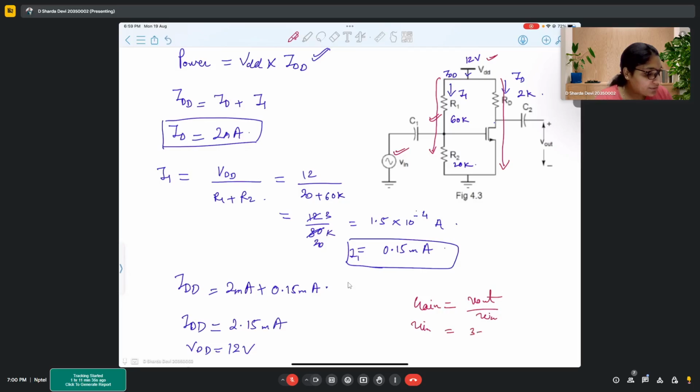It is from 3 to 5 volts, and gain is there. Now it changes depending on what circuit you have, and then corresponding to that you can get Vin. So if you have a larger gain amplifier, that means it can basically amplify the smallest signals.